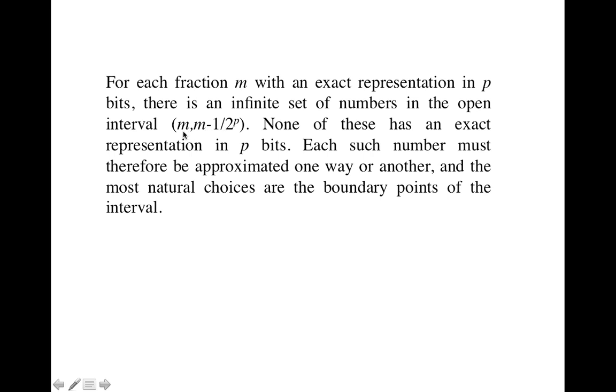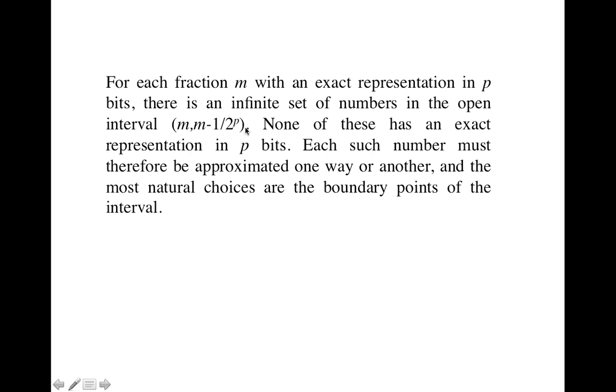Any number between m and this number is not representable in this p-bit mantissa. So it has to be moved either to m or to m minus 1 over 2 to the p.